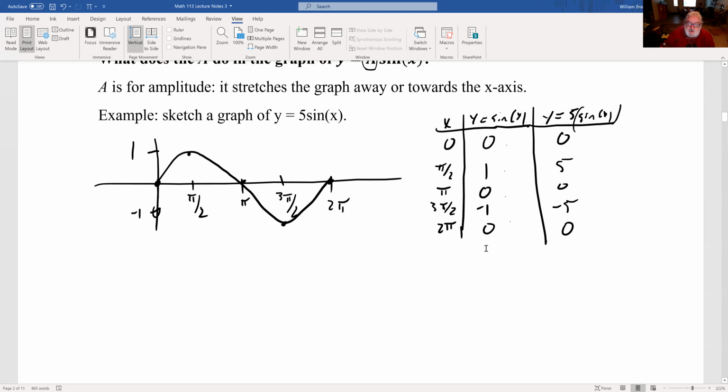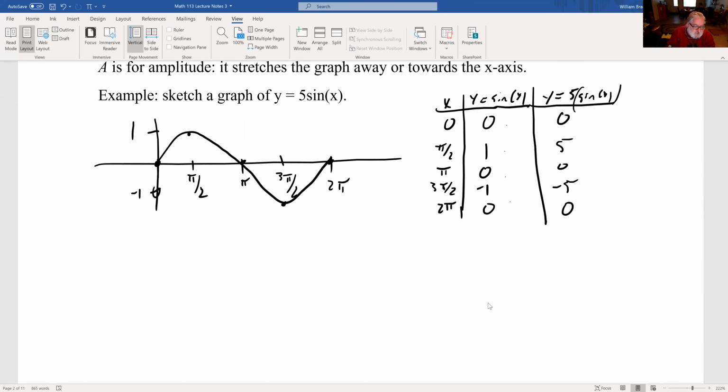So what does the graph of y equals 5 sine x look like? We'll go from 0 to 2 pi again. The same process of setting up our points. Divide it in half, divide it in half, divide it in half. This is pi over 2. This is pi. This is 3 pi over 2. We get the same shape.